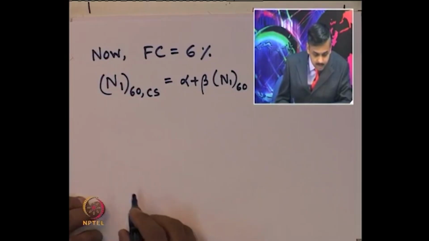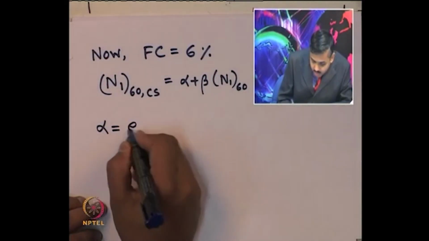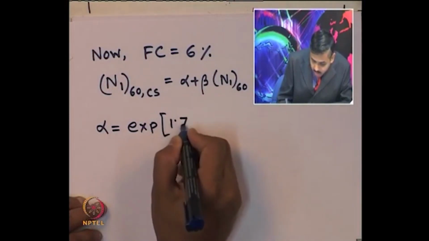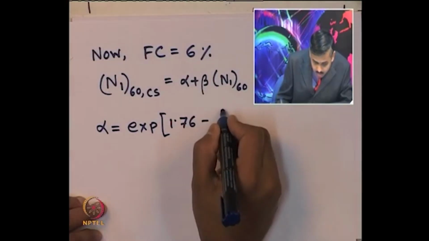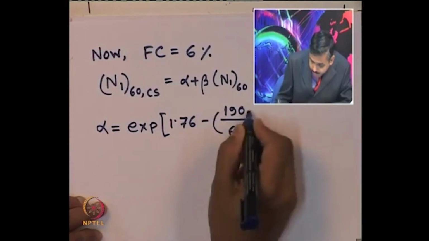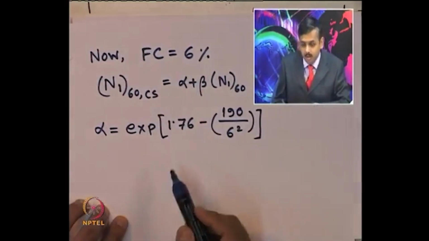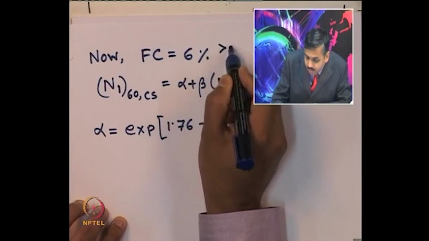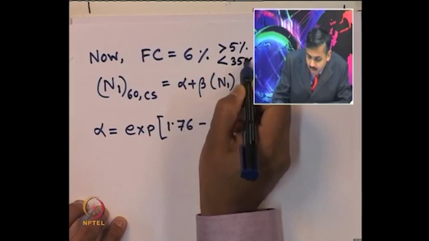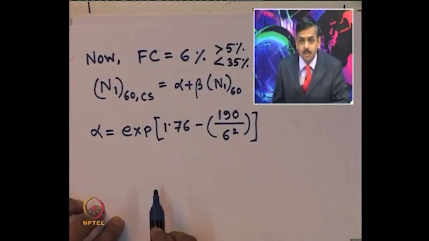So, in this case, alpha is the parameter which can be calculated using this expression, because we know in this case percent fines is more than 5% and less than 35%. That is the range, as we remember, given in the Idriss and Boulanger paper.